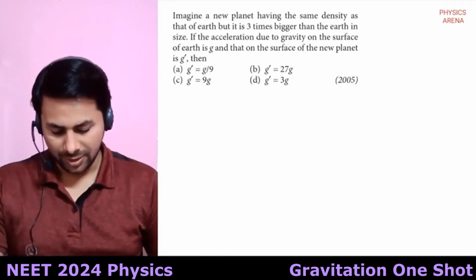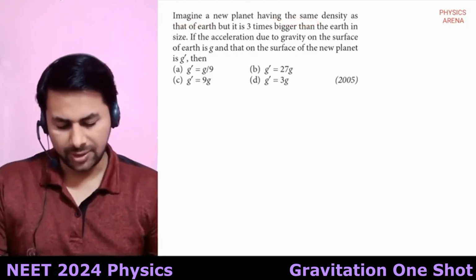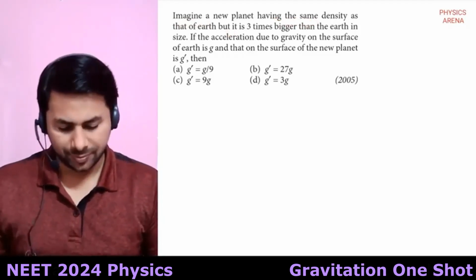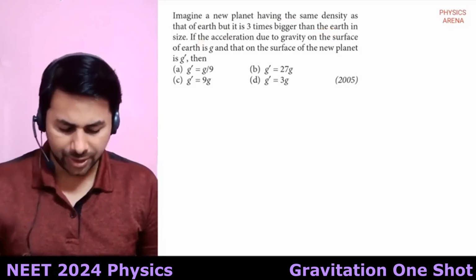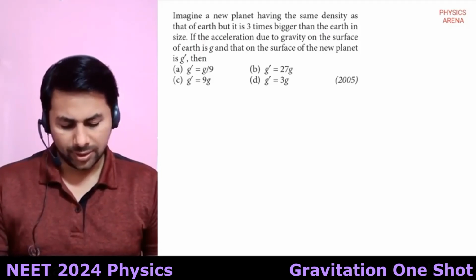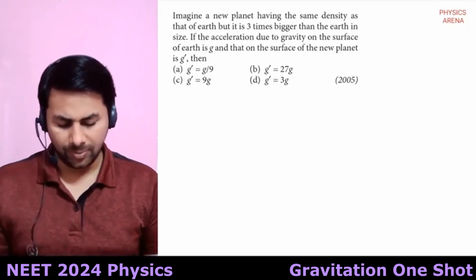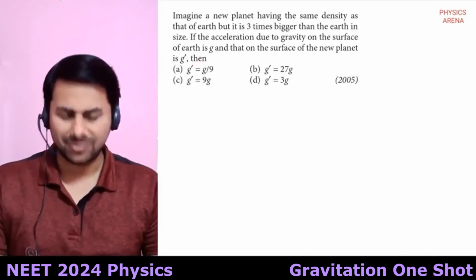Let's see the next one. Imagine a new planet having the same density as that of Earth, but it is 3 times bigger than the Earth in size. If the acceleration due to gravity on the surface of Earth is small g and that on the surface of the new planet is g dash, then now tell me.